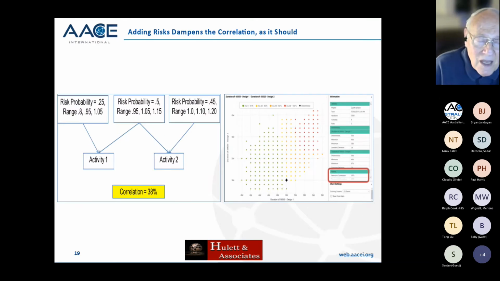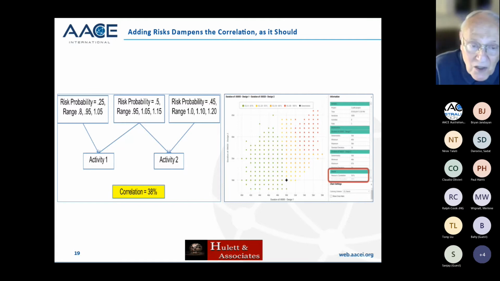Here's the next thing that happens. I've added 2 different risks as confounders. One is on the left that affects activity 1 and one on the right that affects activity 2. The risk probability, the one in the middle is still there, but now I've got some things that affect one but not the other. I've run that.